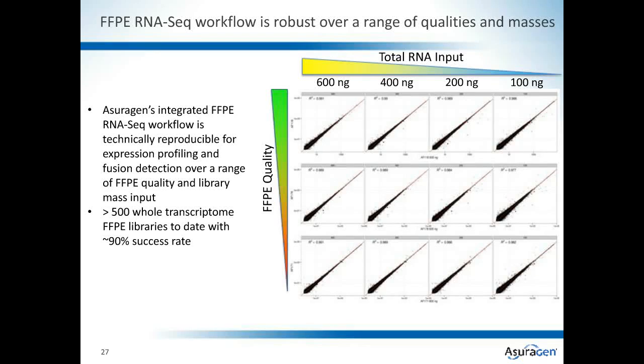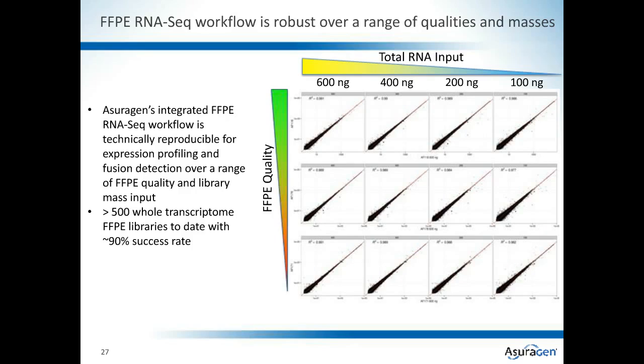To date, we have applied our workflow over a wide range of FFPE qualities and mass inputs into the library prep. This is illustrated by this figure on the right, in which we performed a titration study using 3 different FFPE samples. All these samples were graded by a QFI assay, and on the top row, we have a high quality sample. In the middle row, we have a medium quality sample, and in the bottom row, we have a low quality sample.